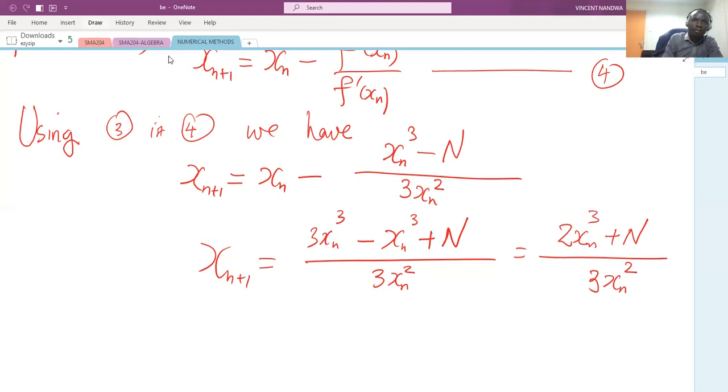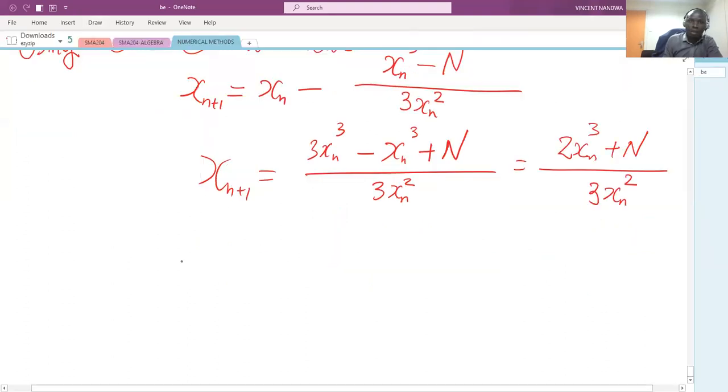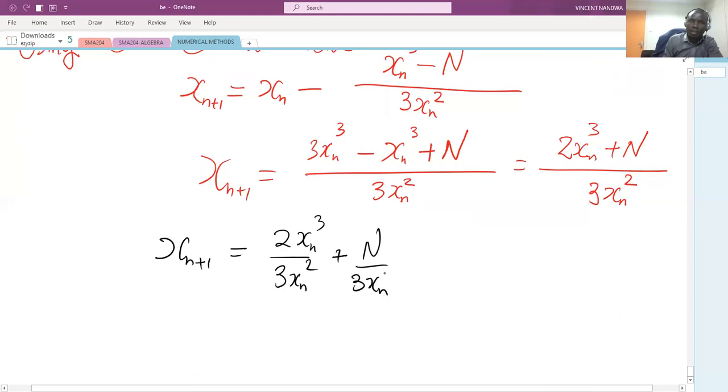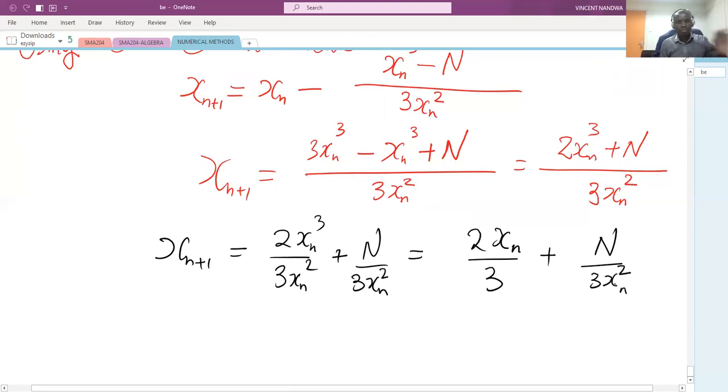Now we can write each term separately: xn plus 1 equals 2xn cubed over 3xn squared plus n over 3xn squared, which is 2xn over 3 plus n over 3xn squared.